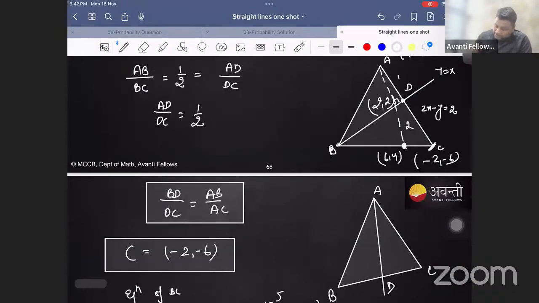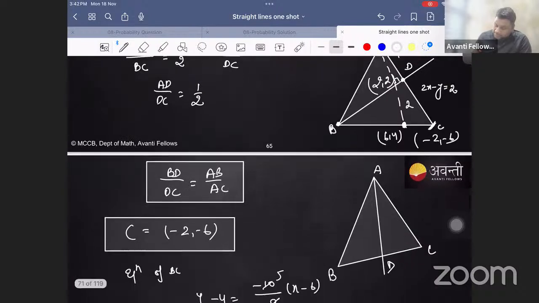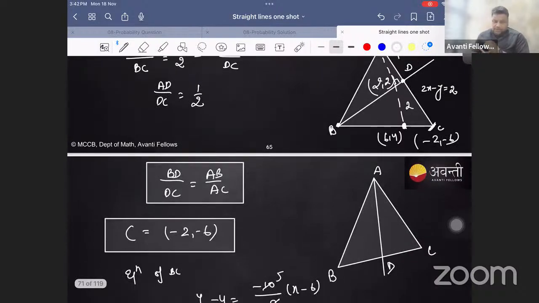This point has the same x and y coordinate, so say it is (alpha, alpha). The slope is 10 by 8.